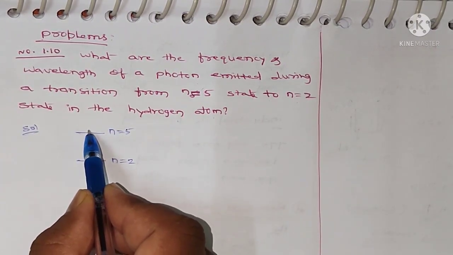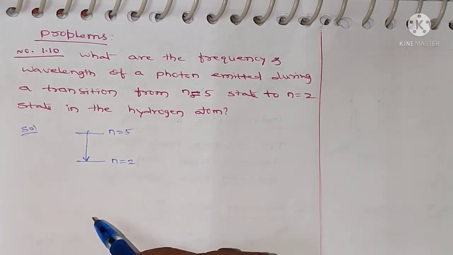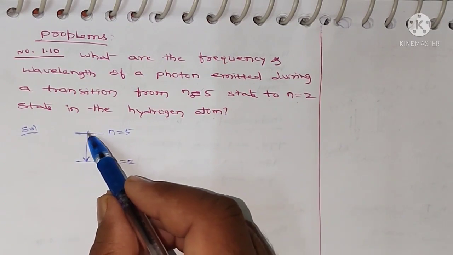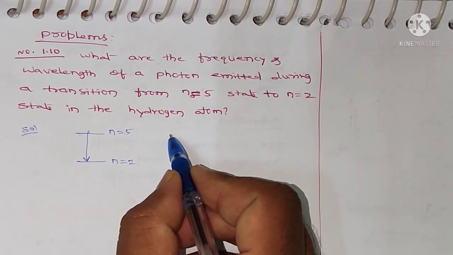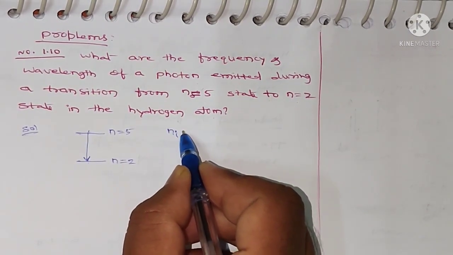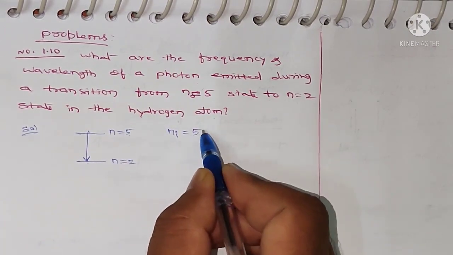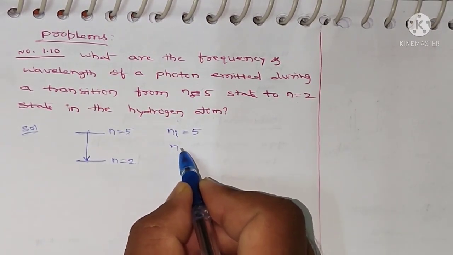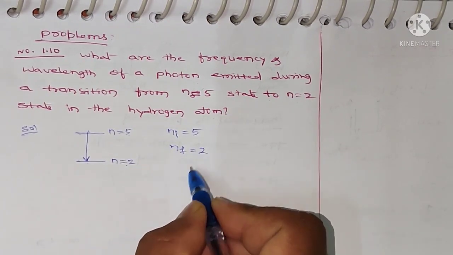So the photon comes from 5th to 2nd. So this is the initial state and this is the final state. So n initial is 5 and n final, the final state, is 2.